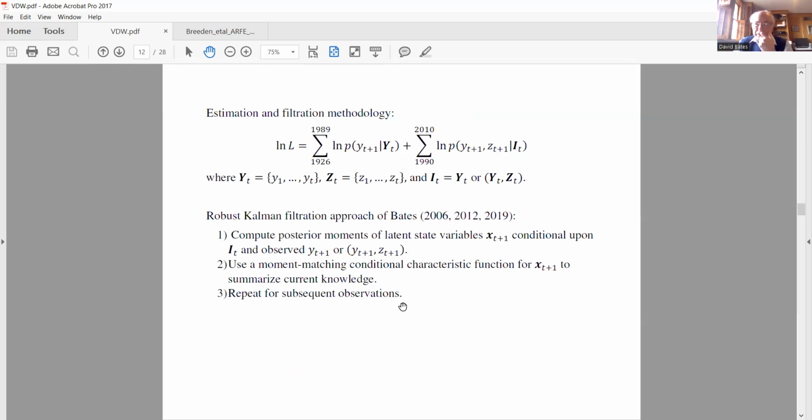Okay, so this is maximum likelihood. So I'm going to be estimating using my two data series. So the log likelihood will be the sum of the log densities of observed excess returns conditional on just the stock market data over 1926 to 1989, when I don't have VIX data, of course.